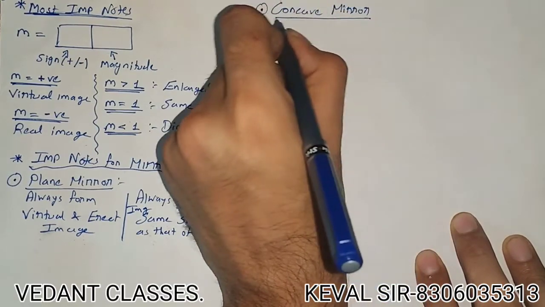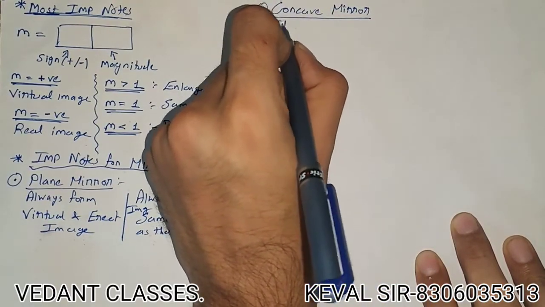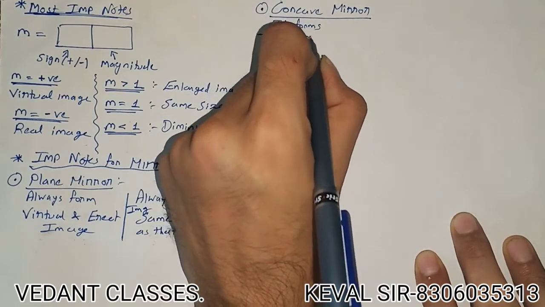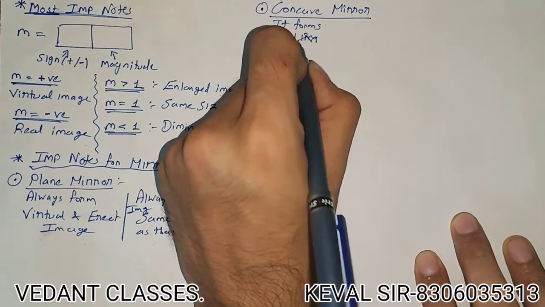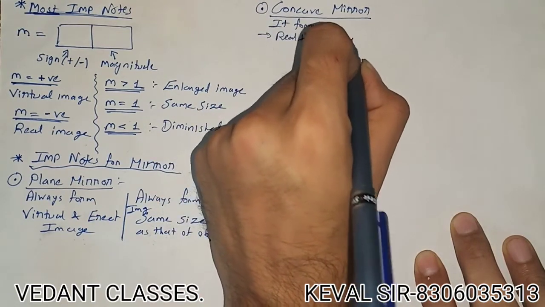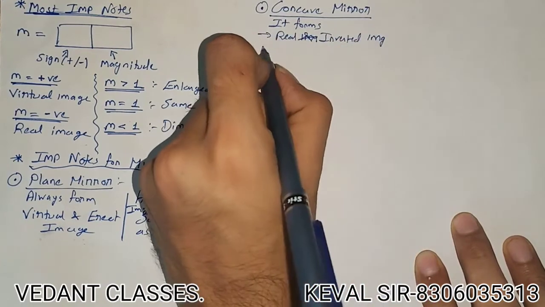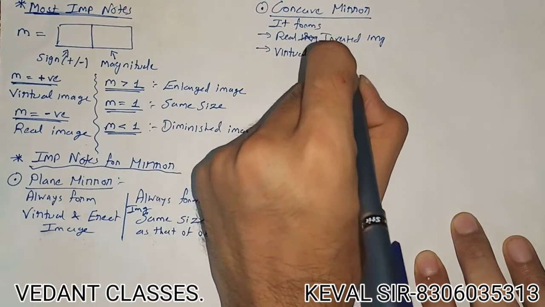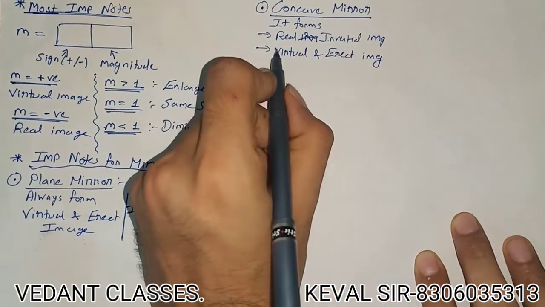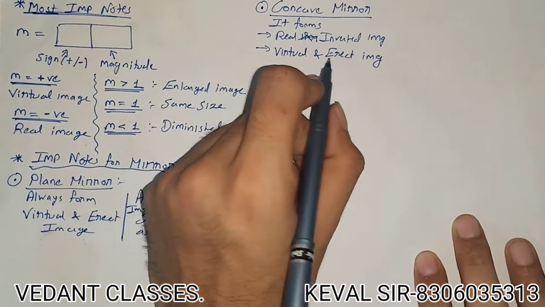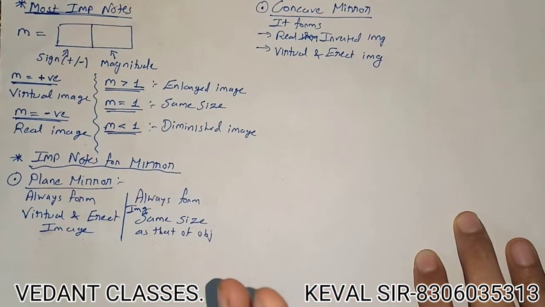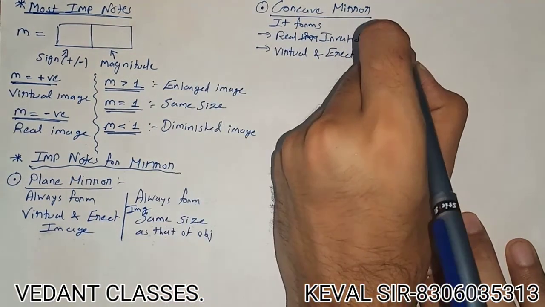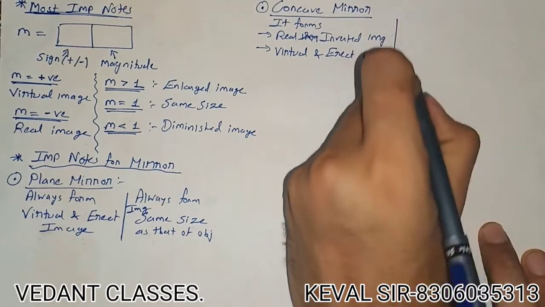In case of concave mirror, it forms both types of image: real and inverted image, and it also forms virtual and erect image. In the sixth case, it forms virtual and erect image when the object is placed between pole and focus, and in the rest of the 5 cases it forms real and inverted image. That we have seen in the image formation.